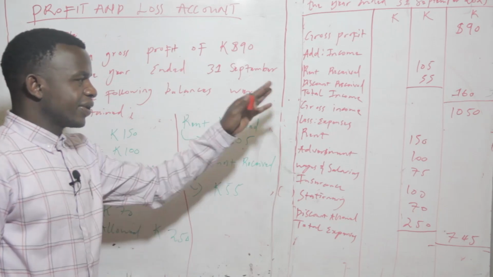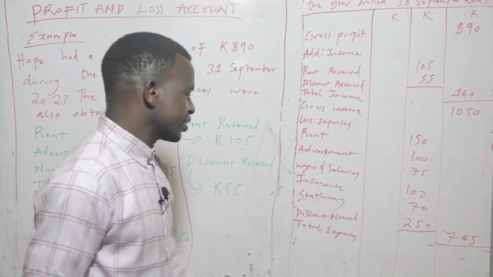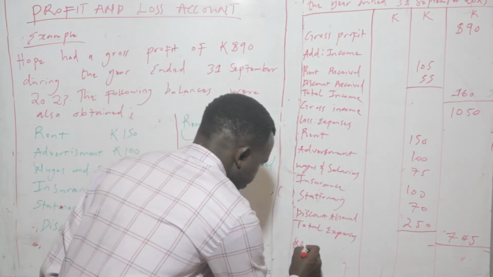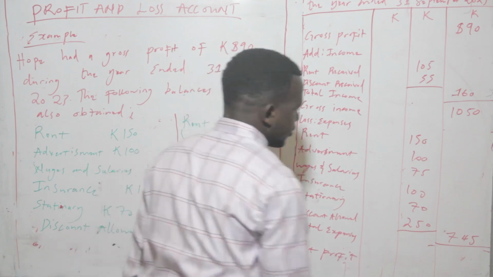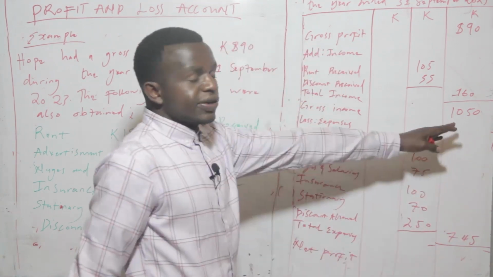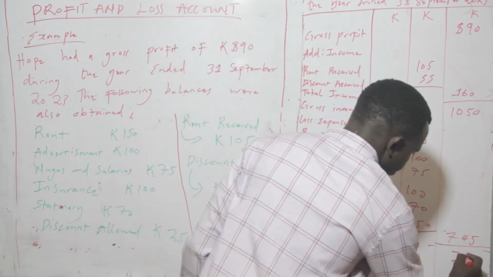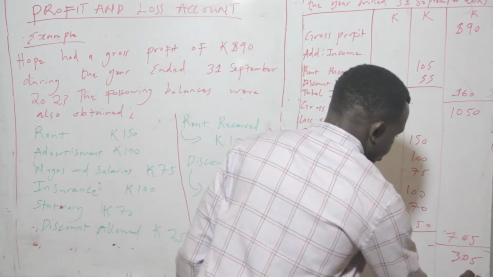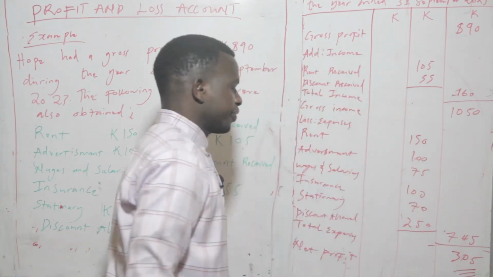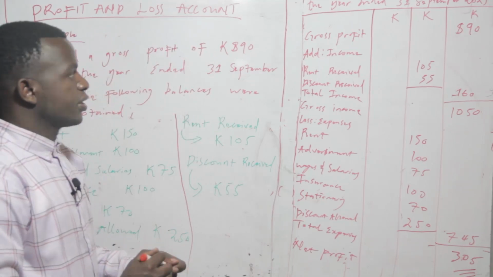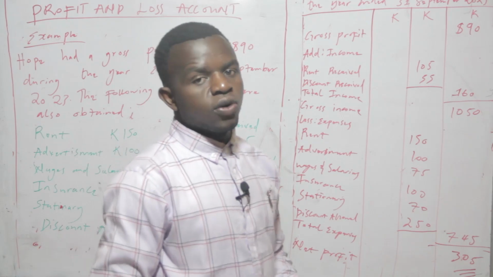So considering in our case, our gross income is greater than the total expenses, that means that we're going to find our net profit. In our net profit there, we're going to say 1050 minus 745. We're going to have 305. So that's how you can write down the profit and loss for Hope.